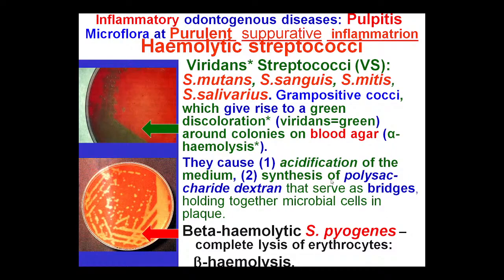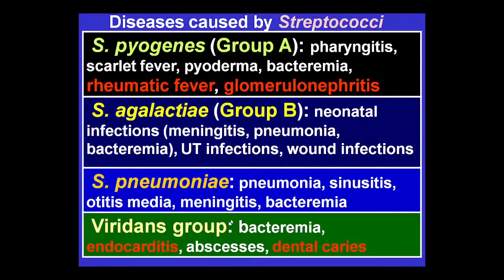That's why it is called viridans. They also cause acidification of the medium because they have very high fermentative activity to break down sugars. Then they also synthesize polysaccharide dextran that serves as bridges holding together microbial cells on the surface of the tooth to produce plaque. So it turns to caries.